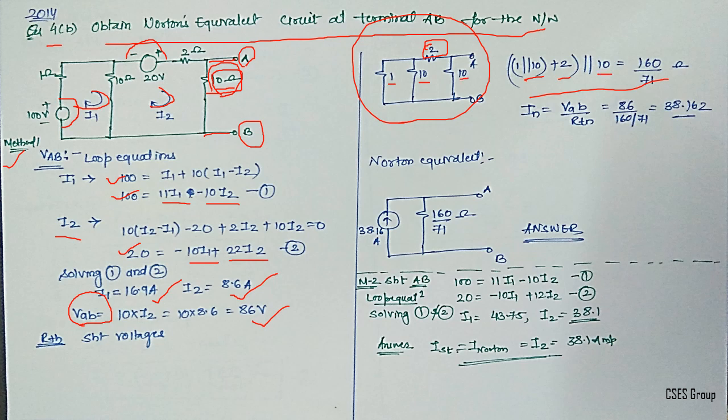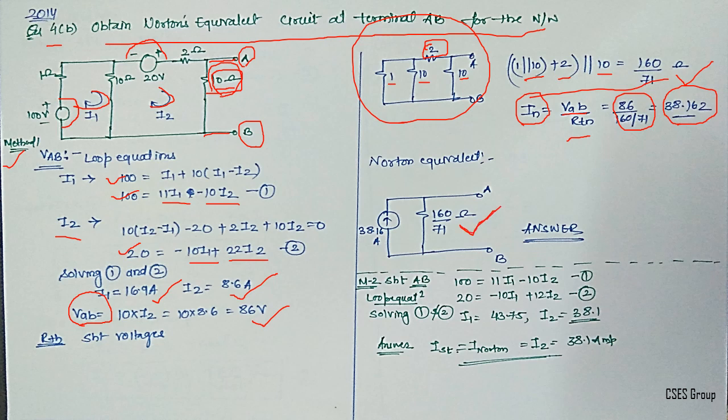Whatever comes is the equivalent resistance, that is 160 divided by 71. Then the Norton equivalent current is VAB divided by RTH, which is equals to 86 divided by 160 by 71, which is 38.162. That is the Norton current, and the Thevenin resistance and the Norton resistance are the same. So this is the equivalent model for that.